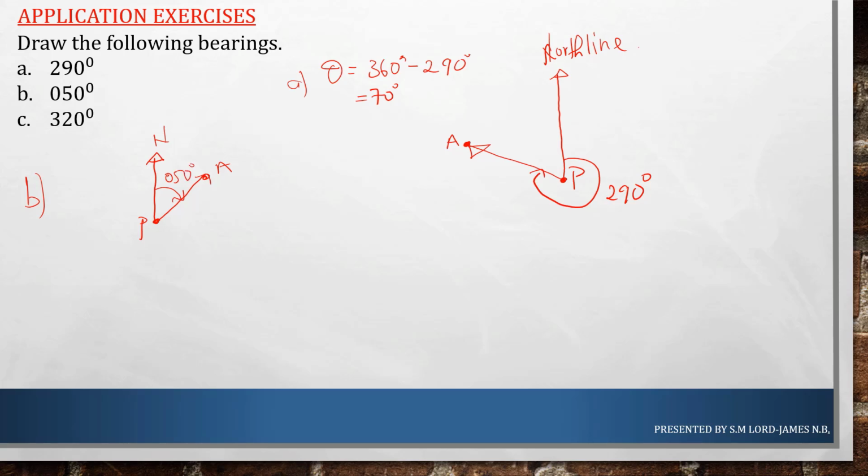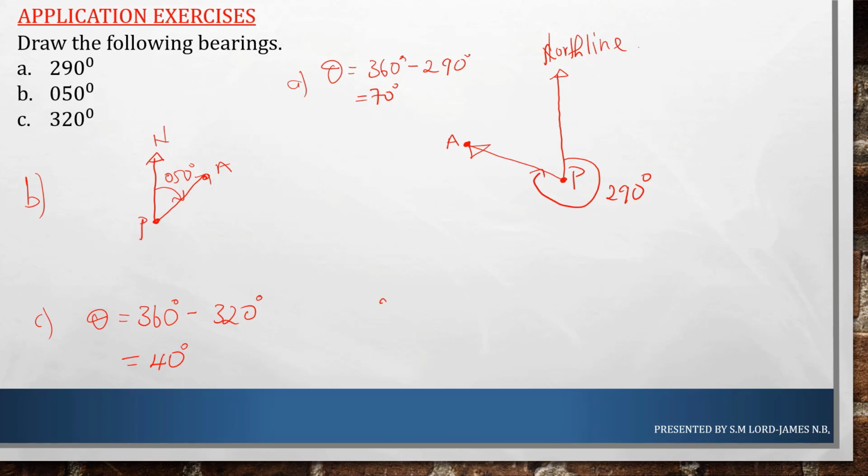Now for the C, 320 degrees, we start by calculating the equivalent anti-clockwise angle. That will be 360 degrees minus 320 degrees, and that will give us 40 degrees.